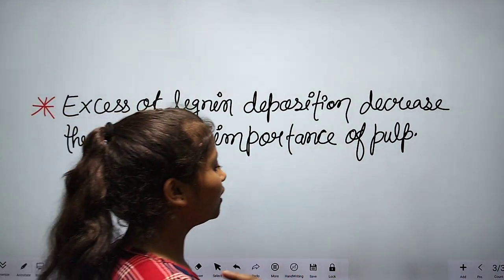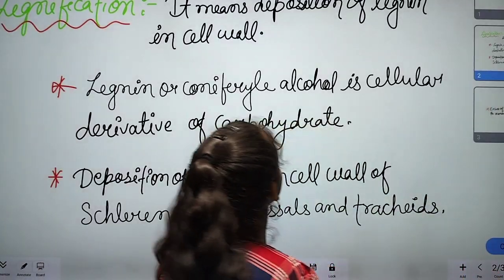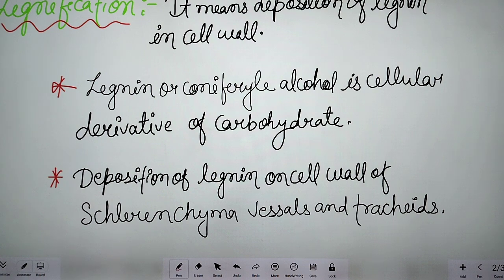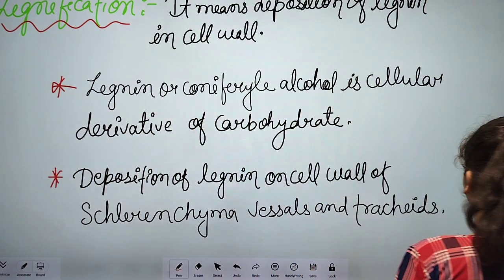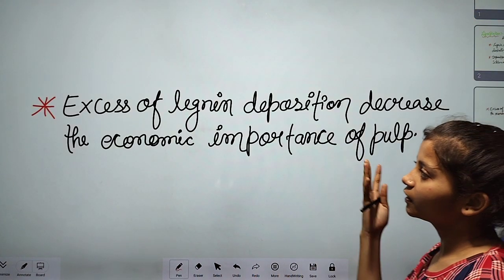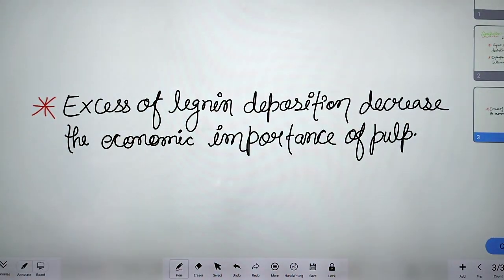Because lignin is a cellular derivative of what? Carbohydrate. Okay, that's why the excess lignin deposition can decrease the economic importance of pulp.